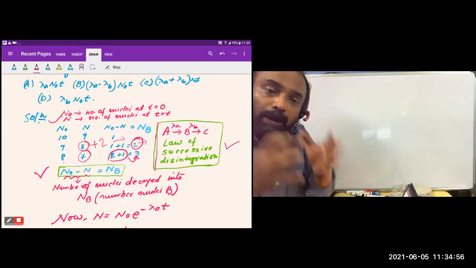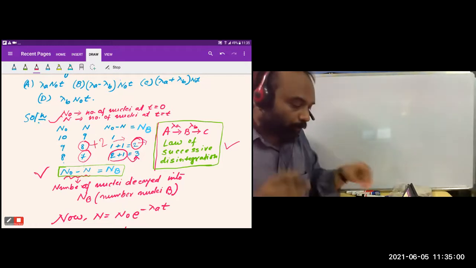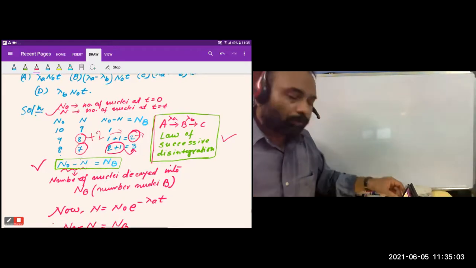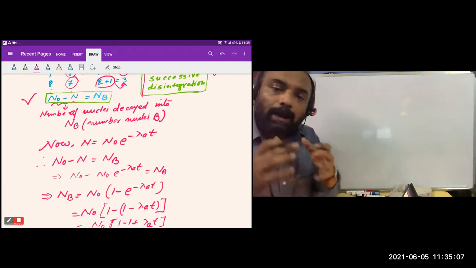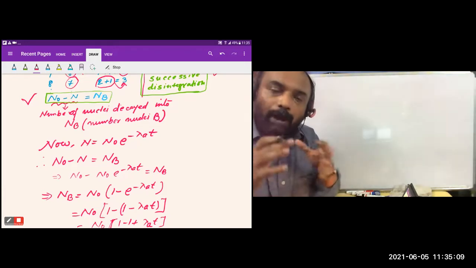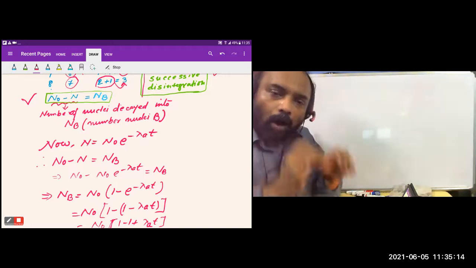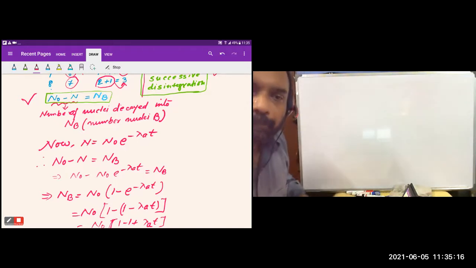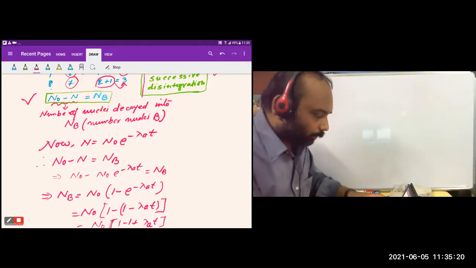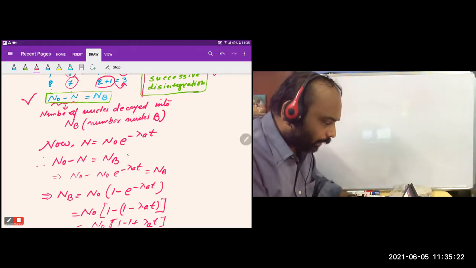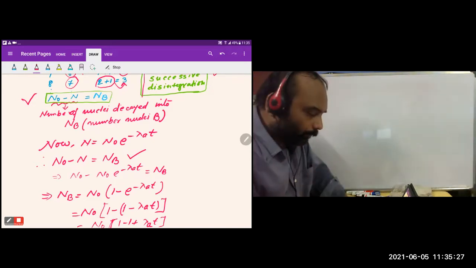Now, what is the relation between N and N0? We know N equals N0 e to the power minus lambda A t, where lambda A is the decay constant of element A. So we have N0 minus N equal to NB.